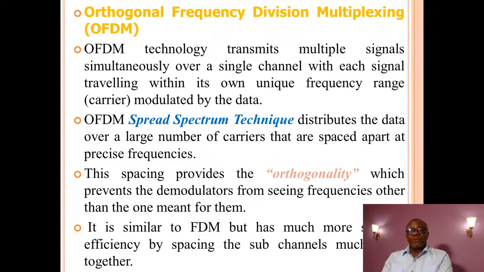This spacing provides the orthogonality which prevents the demodulators from seeing frequencies other than the one meant for them. It is similar to FDM, but has much more spectral efficiency by spacing the subchannels much closer together. Let's see.